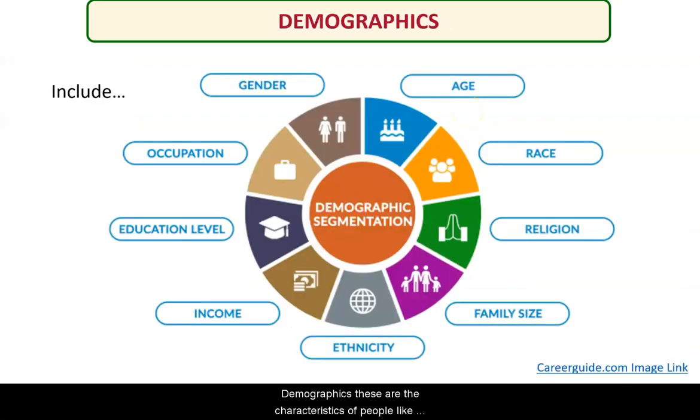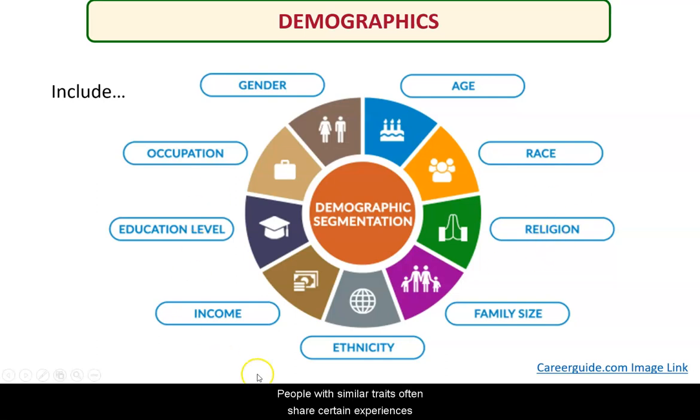Demographics. These are the characteristics of people like age, income, occupation, ethnicity, how many kids or pets you have, how many people are in the household, or years of education, and so on. These tend to be easy for people to provide and to track as data. We use these because they can relate to buyer behavior.